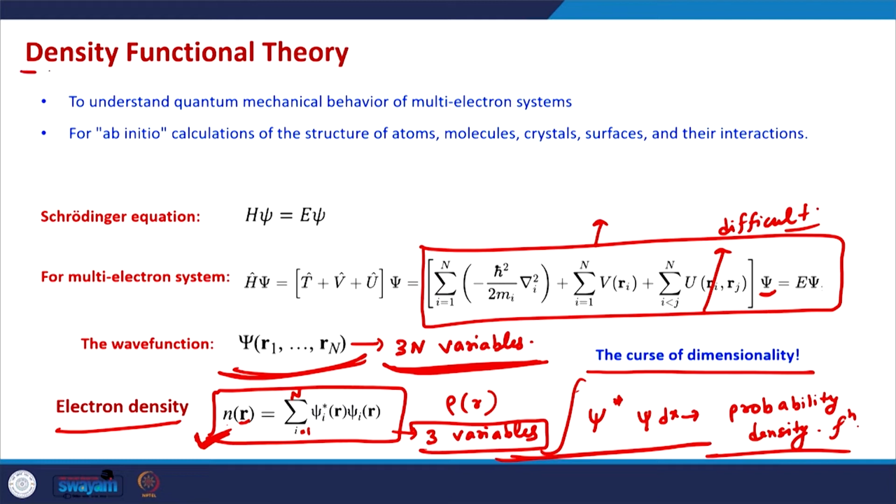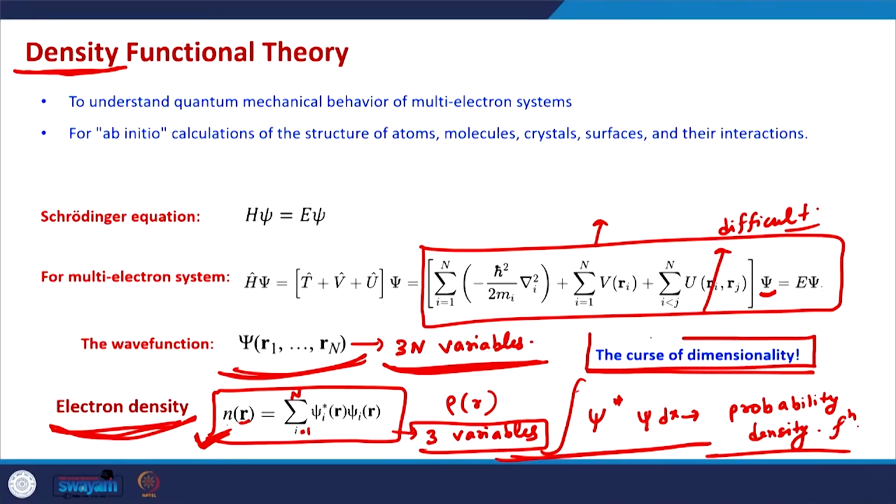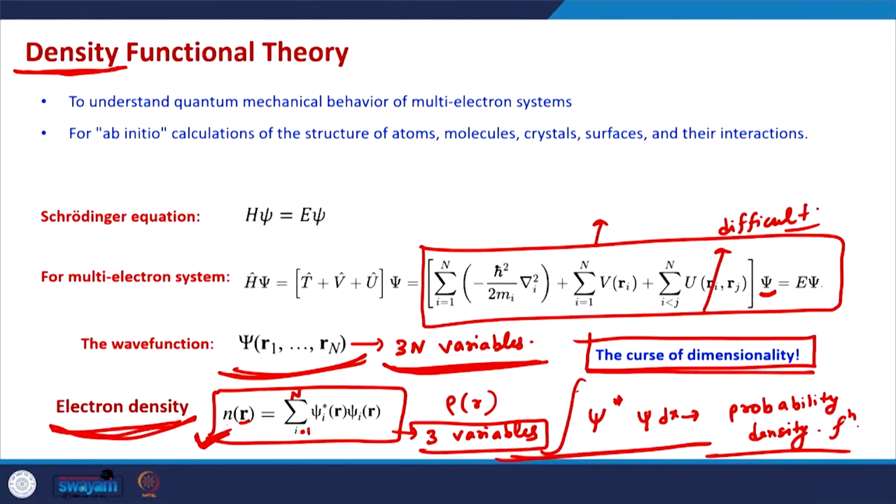That's where the first term, density, comes in DFT, because instead of directly dealing with the wave function of electrons, it deals with the electron density function, which will just be a function of 3 variables whatever the number of electrons. So the curse of dimensionality is dealt with by using the electron density instead of the electronic wave function.